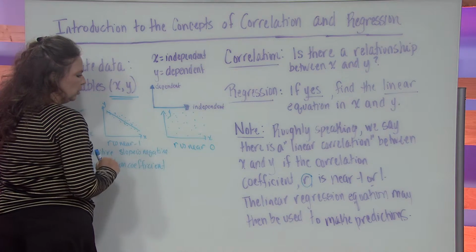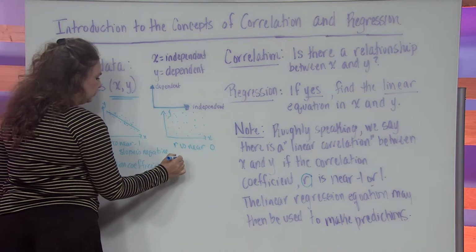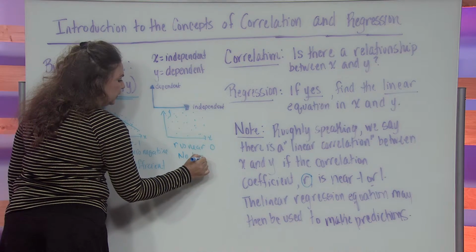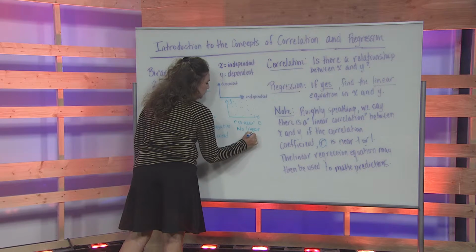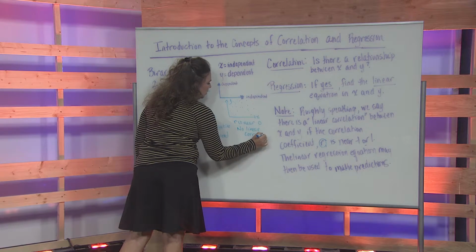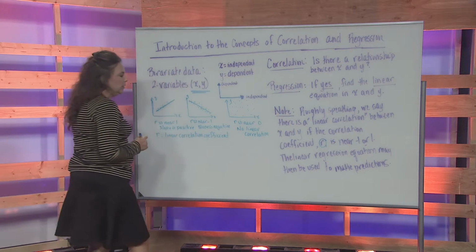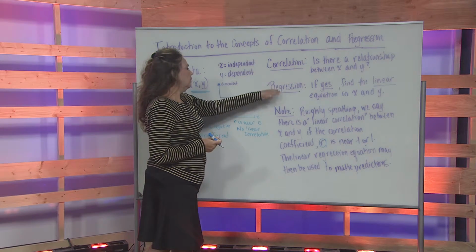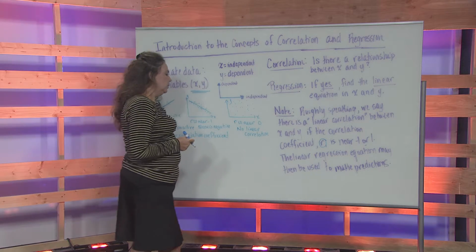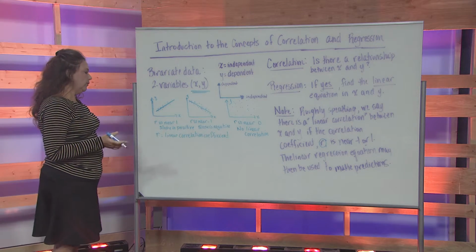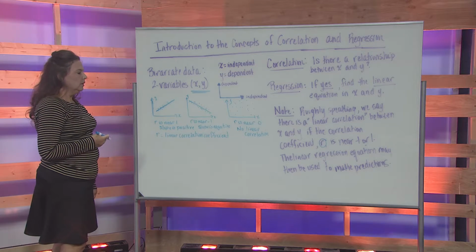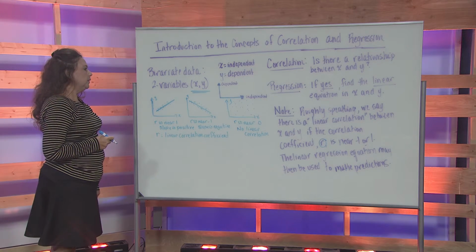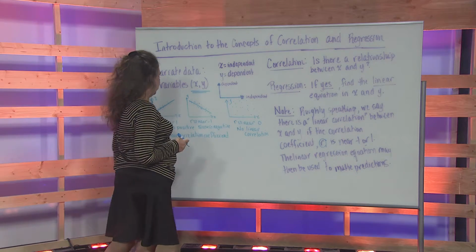And so if the linear correlation coefficient is near 0, then we say there is no linear correlation. And if there's not a linear correlation between the paired data, then we wouldn't apply the linear regression equation to predict values of Y for given values of X.